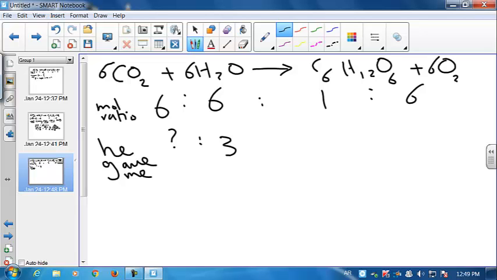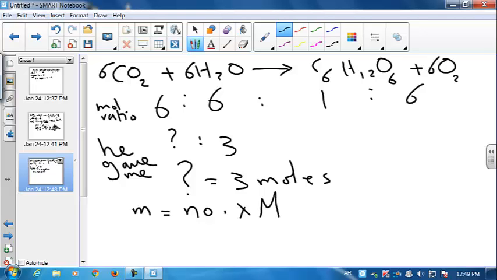It reacts with 3 moles. But he doesn't want the number of moles of carbon dioxide, he wants the mass of the carbon dioxide. So the mass in this case equals number of moles multiplied by molar mass. So the number of moles is 3.